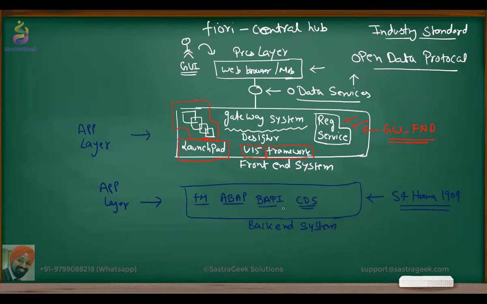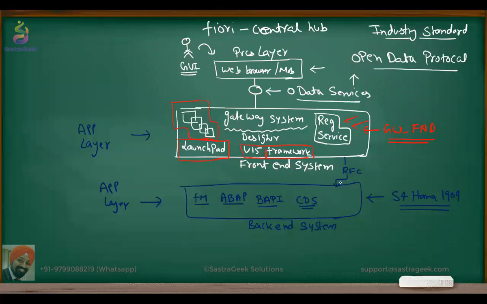Now, how do both get connected? The connection between both of them is through RFC, remote function call, which is a very old technology which we use to connect any two SAP systems.